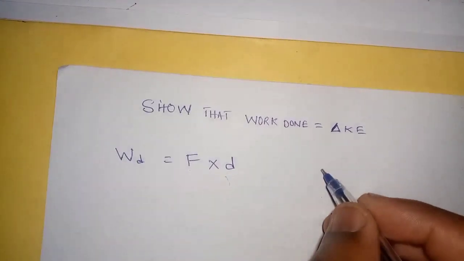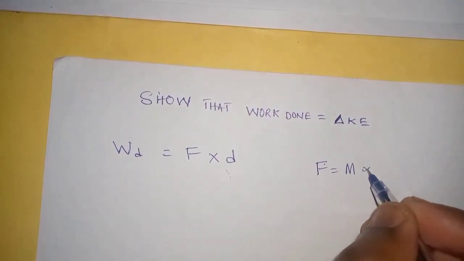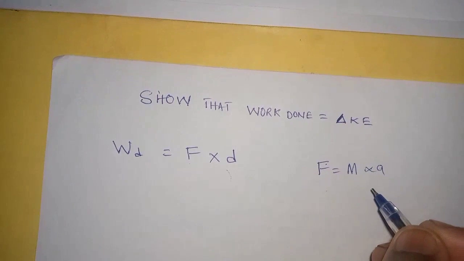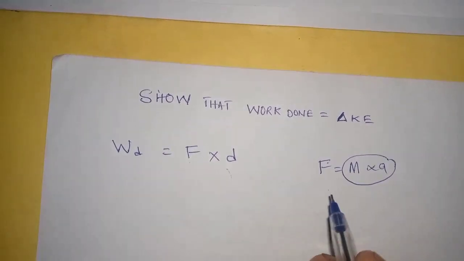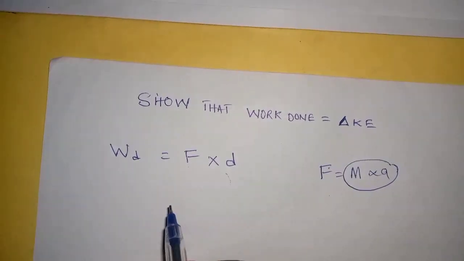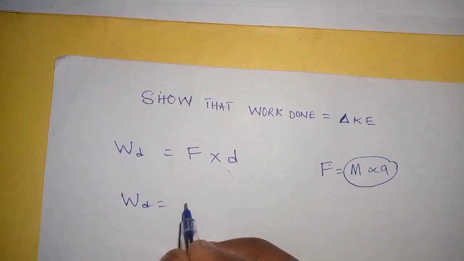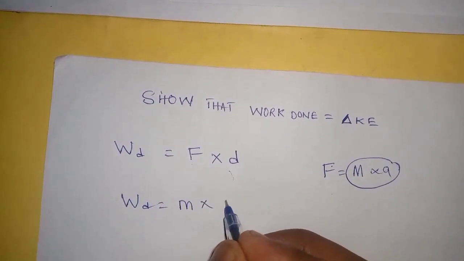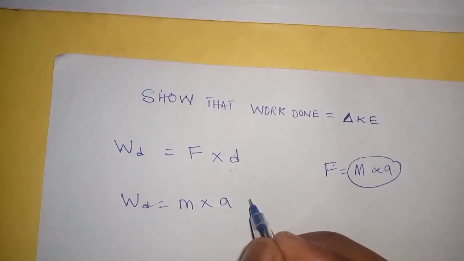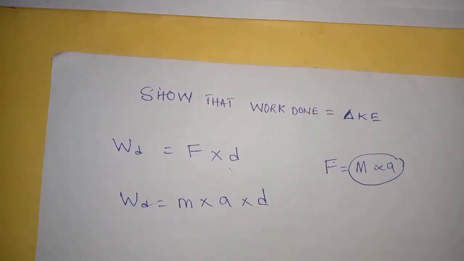Again, we know that force is equal to mass times acceleration. So we can replace our force here. So you can say work done is equal to mass times acceleration, and we are multiplying it by our distance.